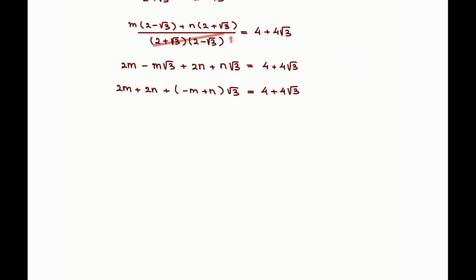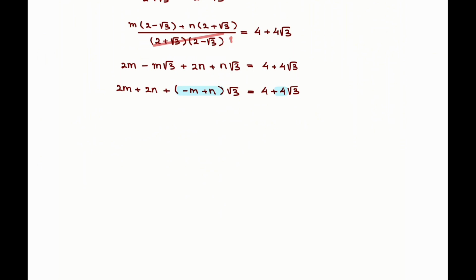So after you get this expression, you can do a comparison. As you can see, the coefficient of square root of 3 is negative m plus n. Negative m plus n must equal 4.